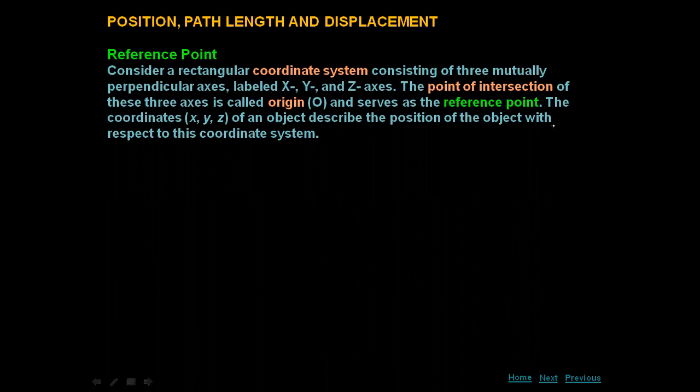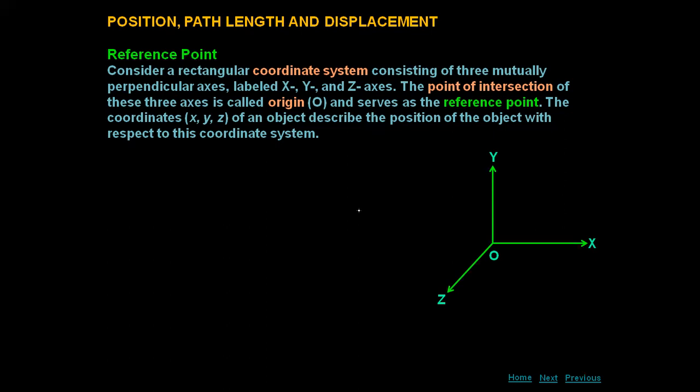So we measure all distances with respect to this reference point, which is called the origin. The coordinates x, y, z of an object describe the position of the object with respect to this coordinate system. Whenever we describe the motion, we use a reference point: from where the motion begins, and with respect to which point, how far the body is. That is called a reference point.